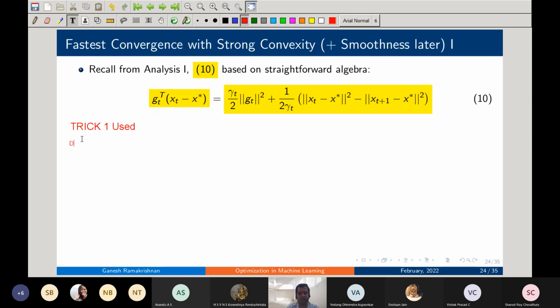So instead, the deviation would be, instead of convexity followed by telescopic summing, why not strong convexity next? Okay, so what happens if you use strong convexity? I gave a hint in the previous slide.